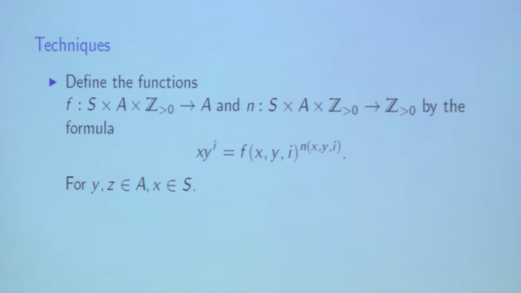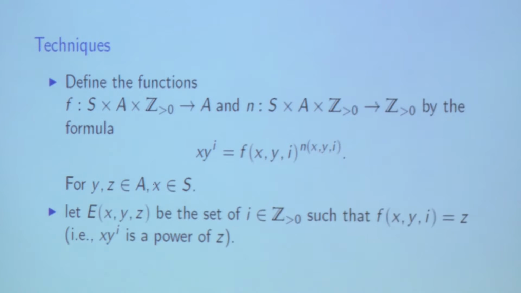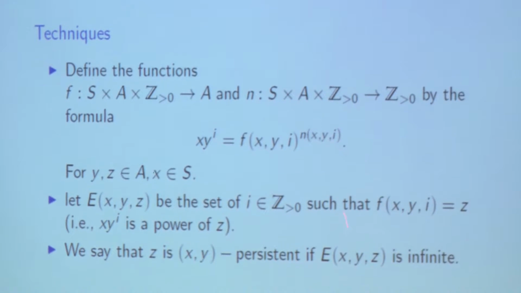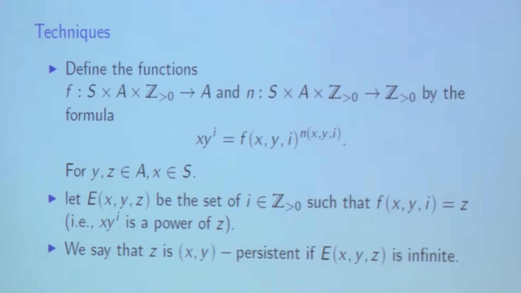Okay? So also here, don't worry about all these symbols, it's just the power of a generator. Then we take all I which give me Z. I mean, when we start arithmetic progressions, and we put it in a set which is E, X, Y, Z. We say that Z is XY persistent if this set is infinite, which means that an arithmetic progression starts here.